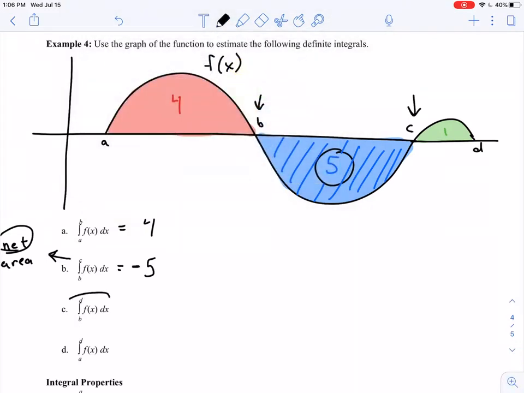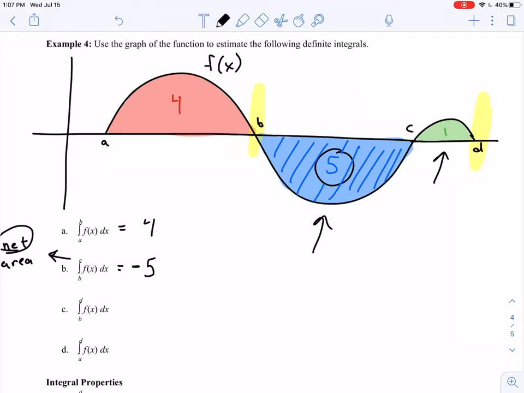Next, I've got the definite integral from b to d. This one's a little bit different. Let's highlight it. We're going to start right here at b and integrate over to d, and I would like to know what is the net area of our function over that interval? Here I have two different areas: this blue shaded area of 5 and this green shaded area of 1.